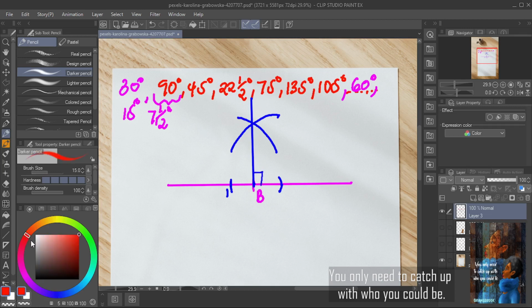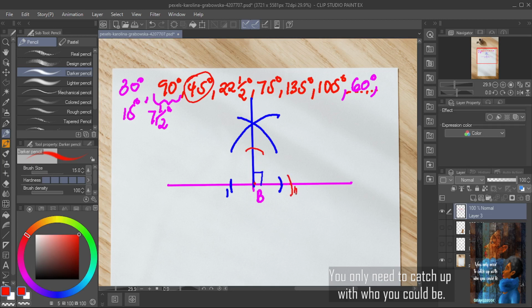Then we have derivatives of the 90 degrees. These are angles that you get when you divide the 90 degrees. One of them is 45 degrees, and 45 degrees is gotten by bisecting this particular angle of 90. So I'll stand at B, then I make an arc on that line and on this other line. So I'll have that one and that.